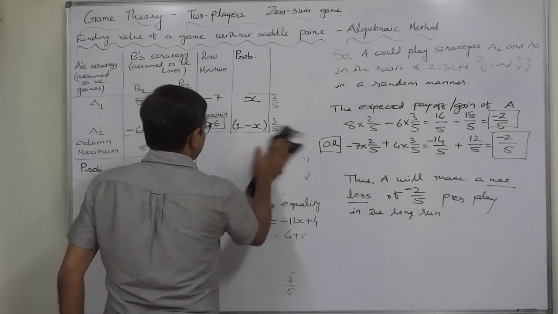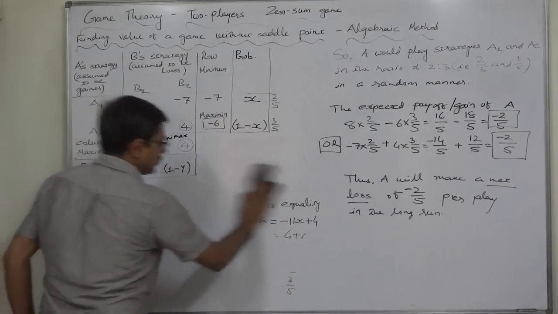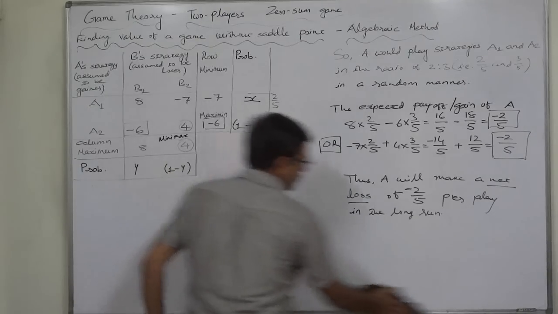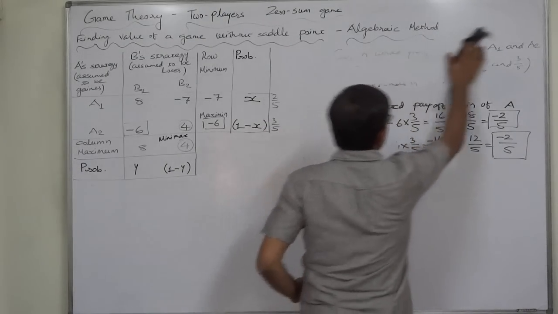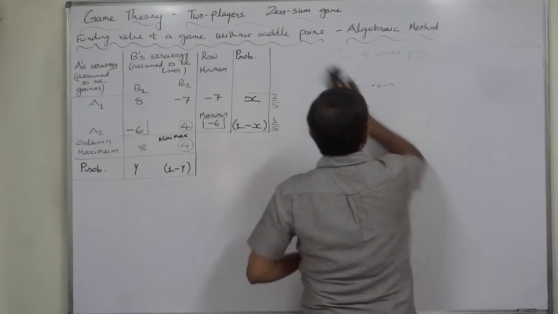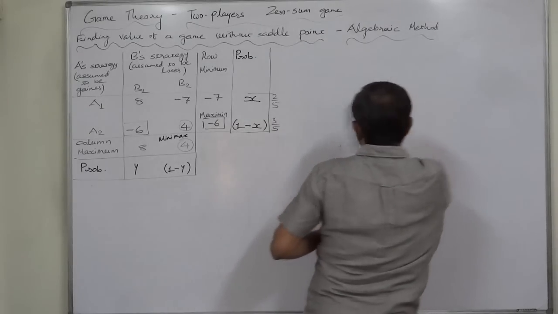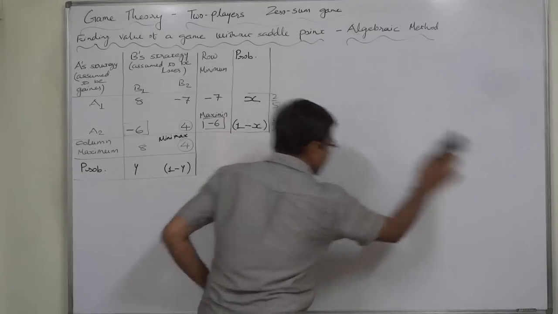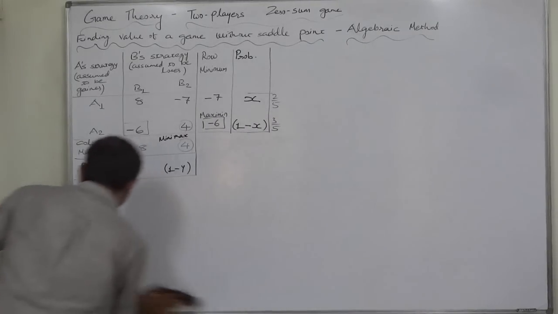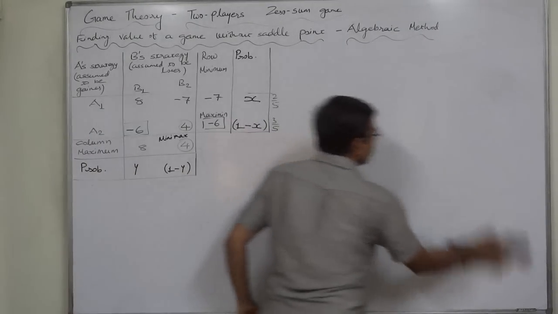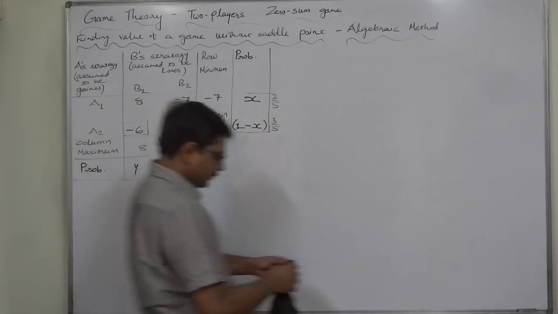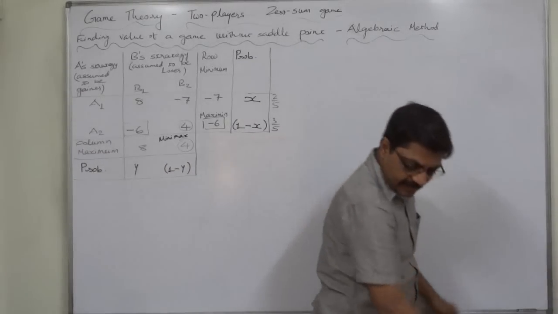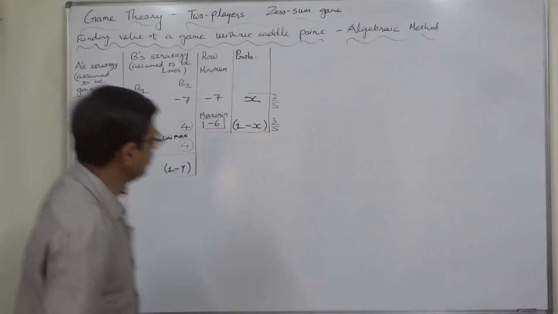I am aware that the lecture or the solution is going to be somewhat lengthier, but I don't mind. I want to make the concept as easy as possible for you. More or less the steps and the thought process are the same.